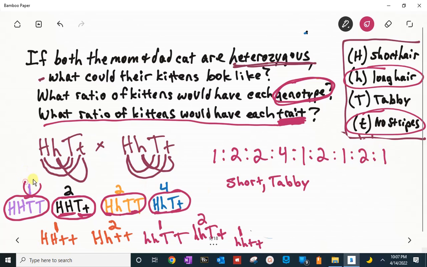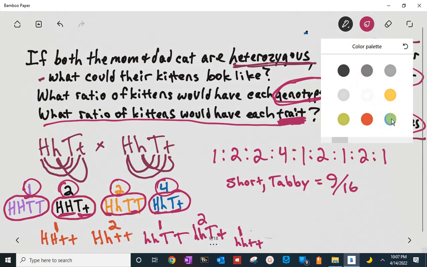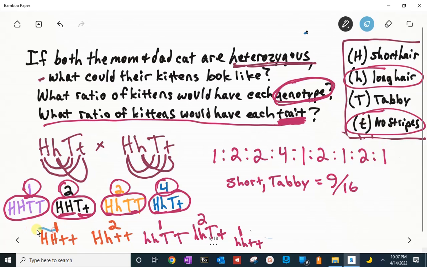So this is 1 plus 2 is 3, plus 2 is 5, plus 4 is 9. So 9 out of 16 kittens will have short hair and a tabby striped pattern on their coat. Now let's look at the rest of these. We have one that is homozygous dominant for short hair and homozygous recessive for no stripes, so short hair and no stripes.